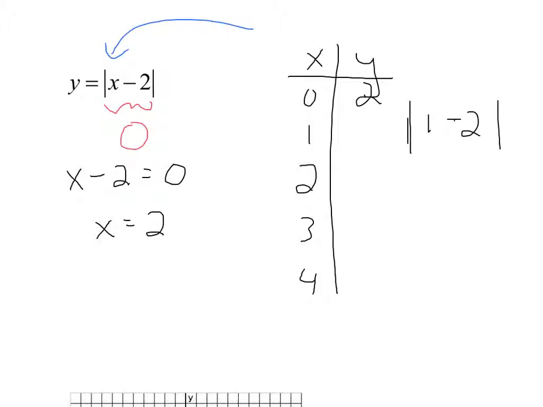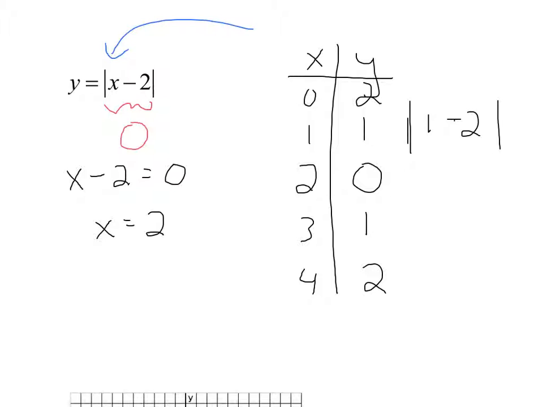One minus 2 is -1. The absolute value of -1 is 1. When I put 2 in the equation, I get 2 minus 2, which is 0. The absolute value of 0 is 0. When I put 3 in, 3 minus 2 is 1. The absolute value of 1 is 1. 4 minus 2 is 2. The absolute value of 2 is 2.